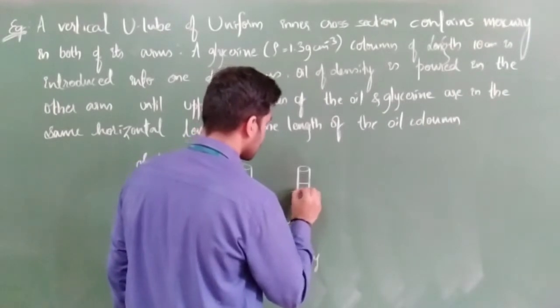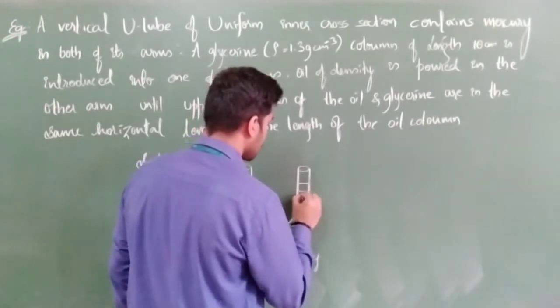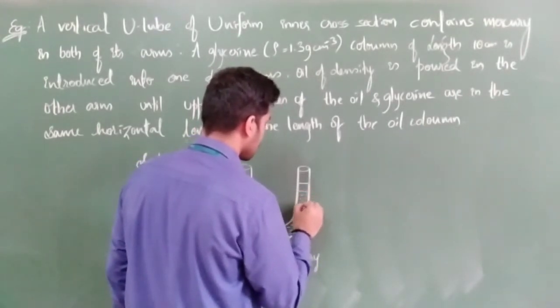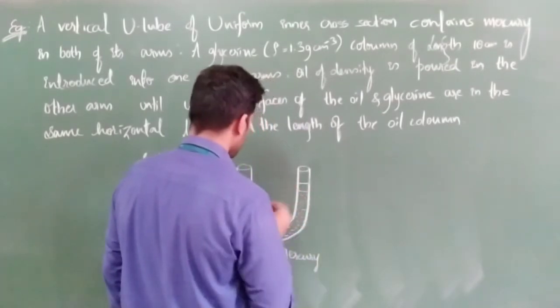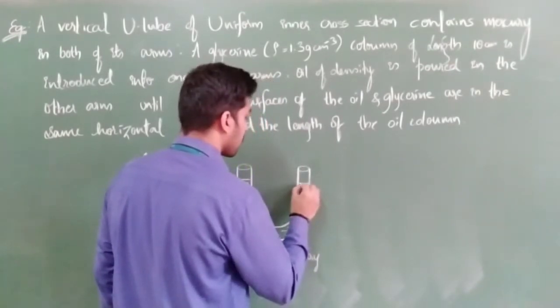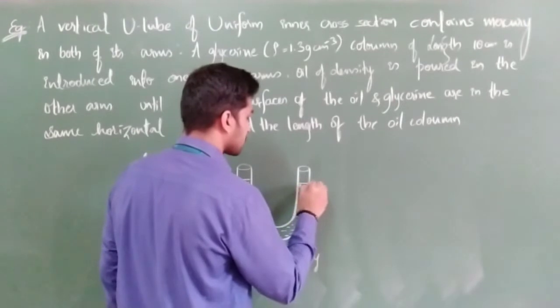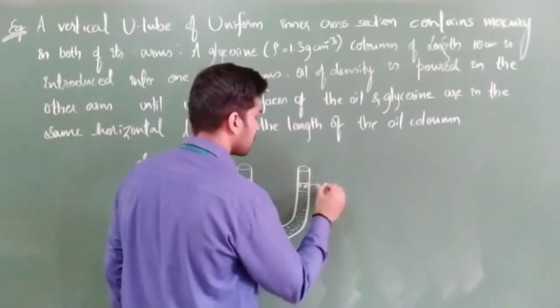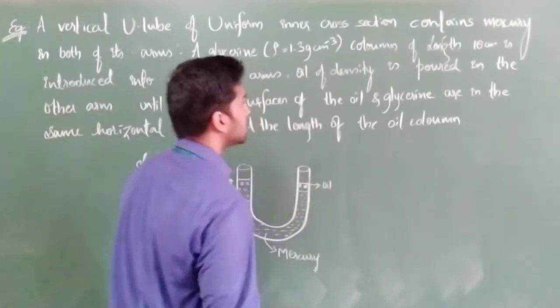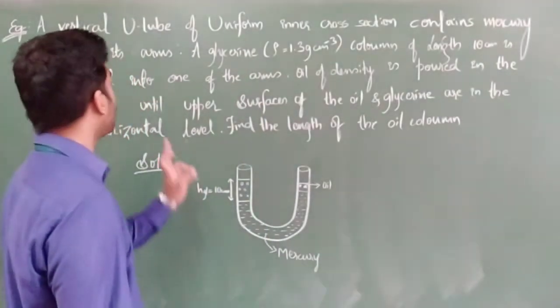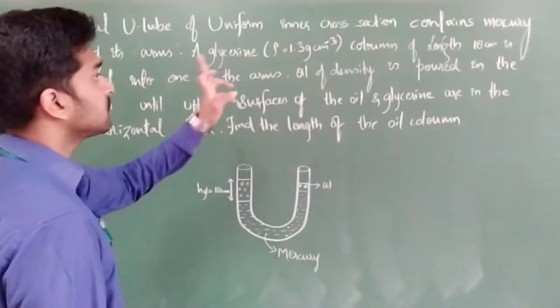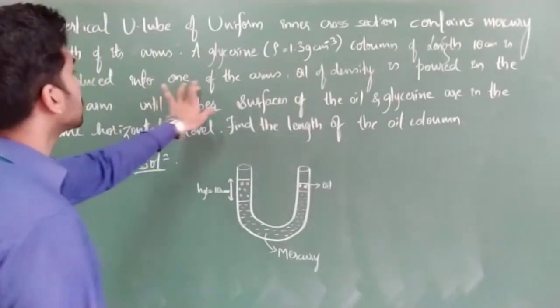Here let us consider some oil is there, here mercury is there. So here we are having oil. For oil let us draw stars, this is nothing but oil.